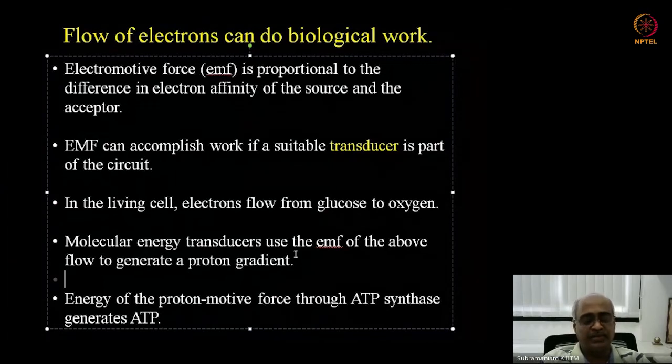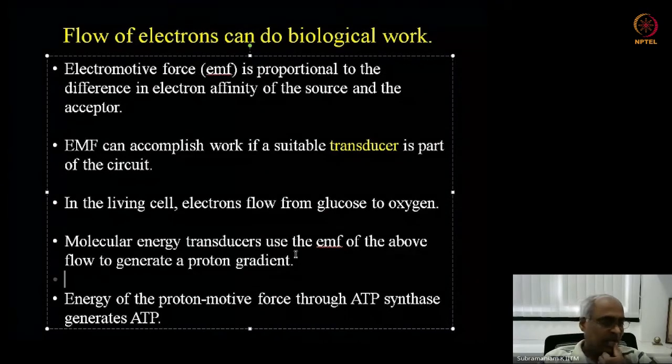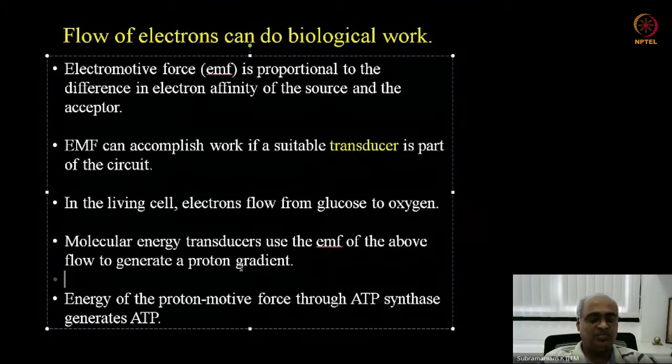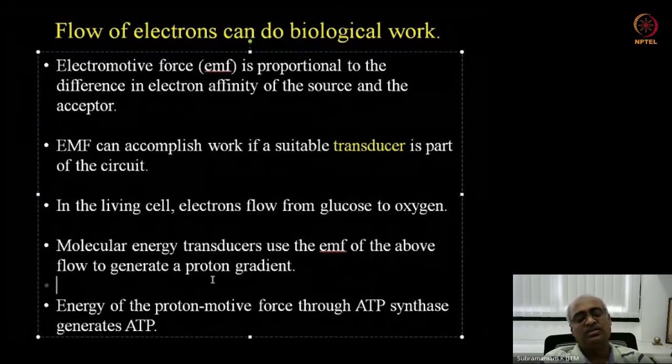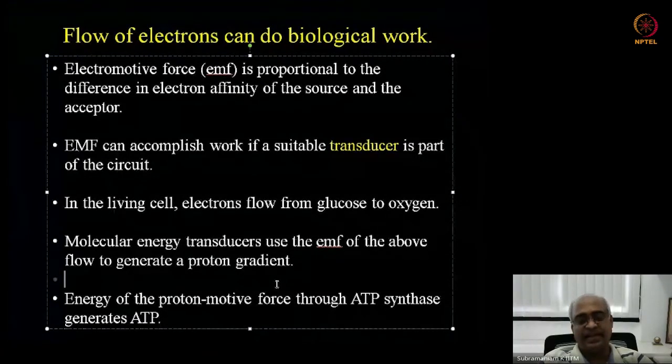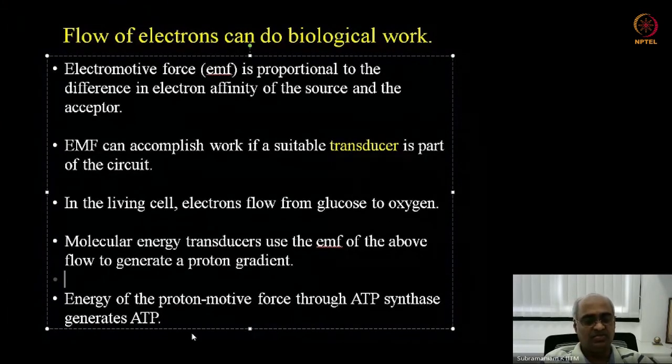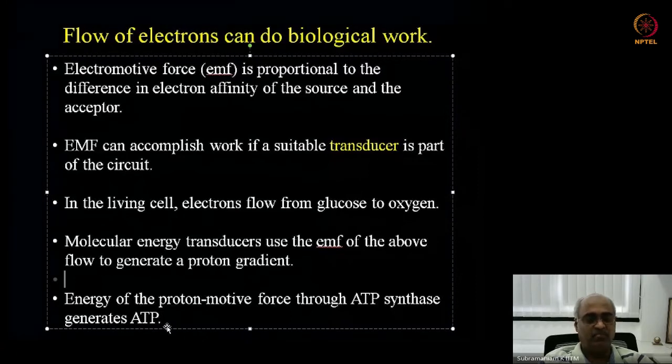building a proton gradient. Okay, and then once you create a place where proton concentration is higher than another place, and when the proton passes down its concentration gradient, that energy released is used to make ATP. So this is how the energy from glucose finally ends up making ATP.